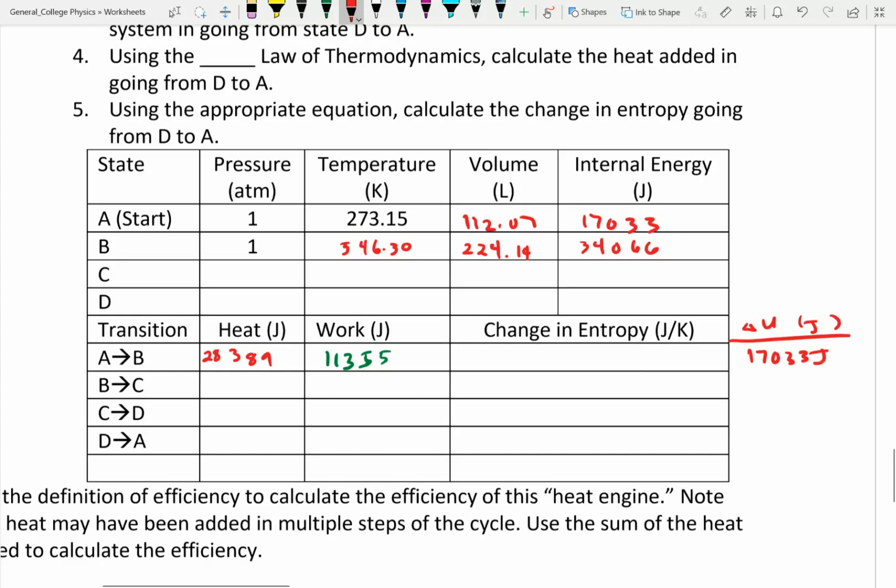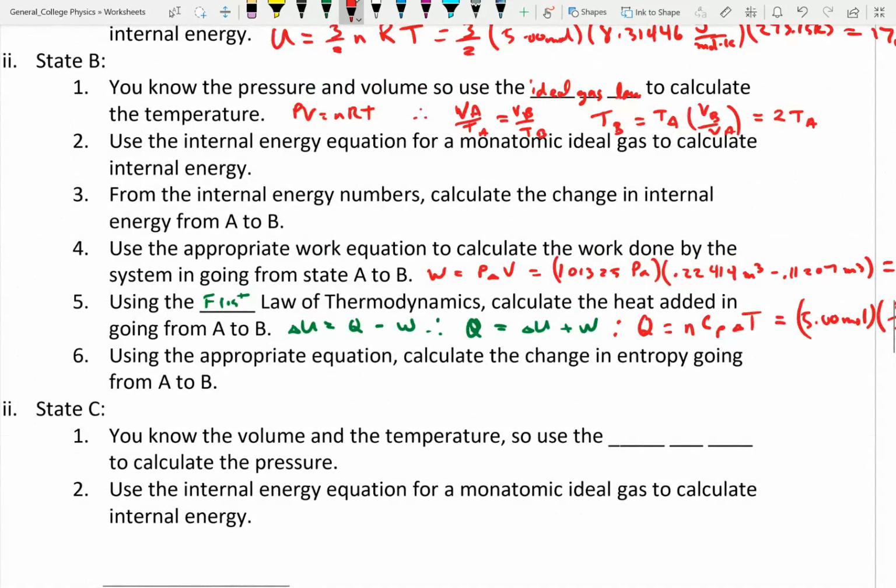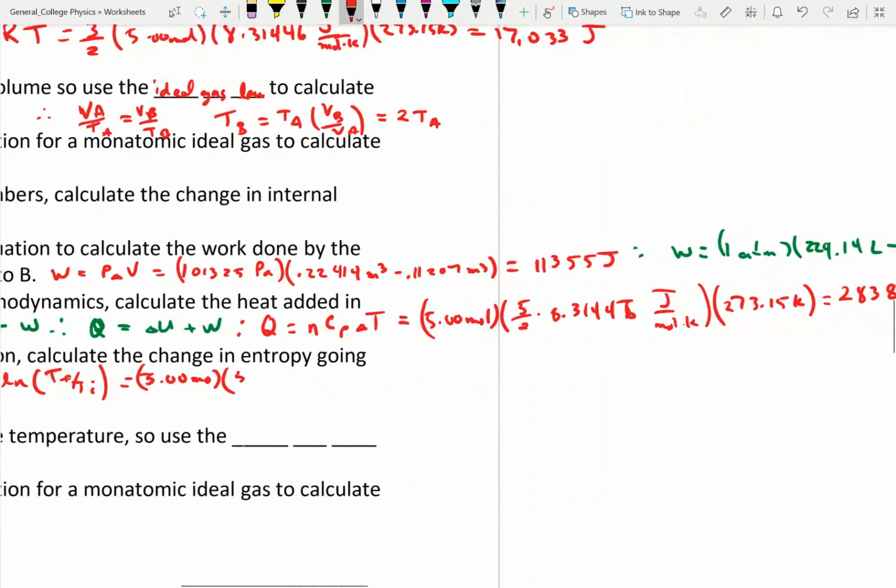Now I have to calculate the change in entropy. I will go up there. The change in entropy for an isobaric process is delta S equal to n C_P times the natural log of temperature final over temperature initial. So that's 5.00 moles times 5 halves times 8.31446 joules per mole Kelvin, times the natural log of temperature final over temperature initial.